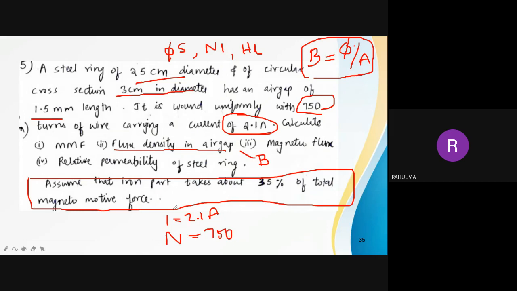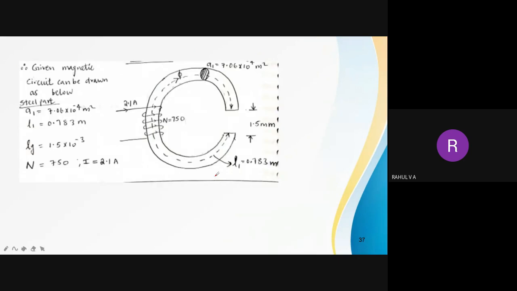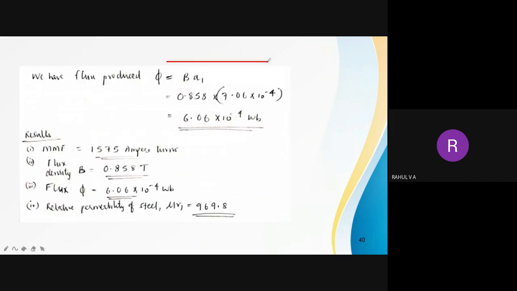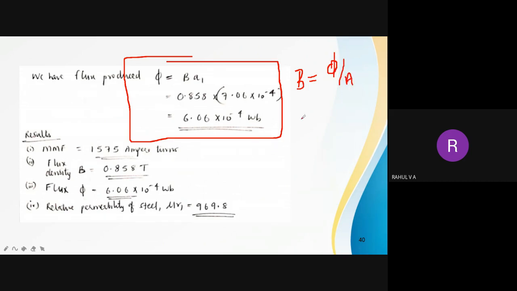Okay, now after finding flux density, what you have to find out is magnetic flux. What is the equation for magnetic flux? We know B is equal to flux per unit area, so flux is nothing but B into area.